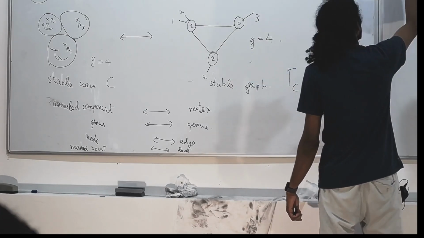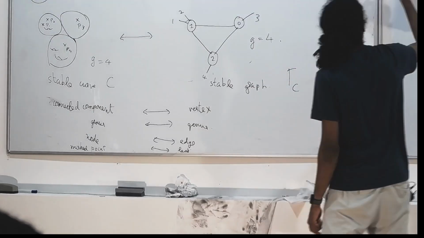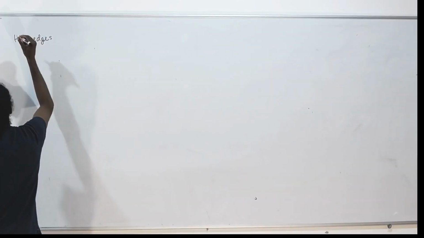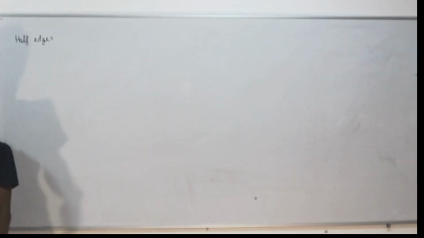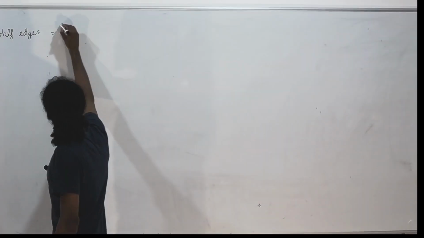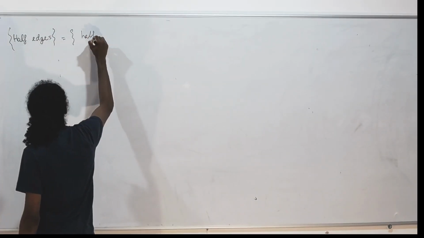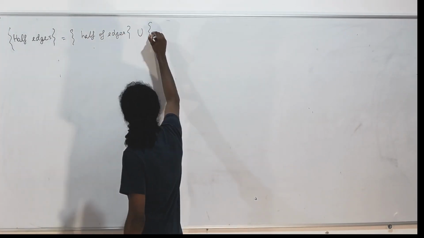Before that, maybe I want to say one more thing. I also want to define half edges. A half edge is like a leaf, so it's kind of half an edge, right? And literally half an edge. The set of half edges is like half of edges and leaves.